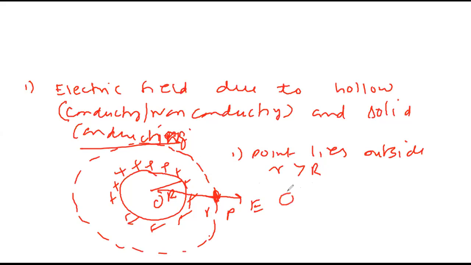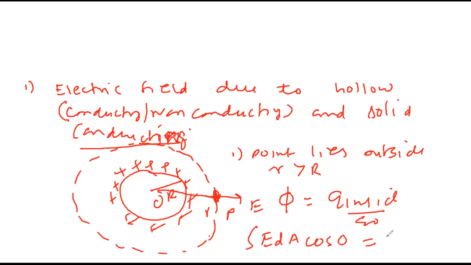So flux is Q inside upon epsilon naught. This flux will be E into dA into cos 0. If you take sigma, then charge inside will be sigma into 4 pi capital R square, upon epsilon naught.